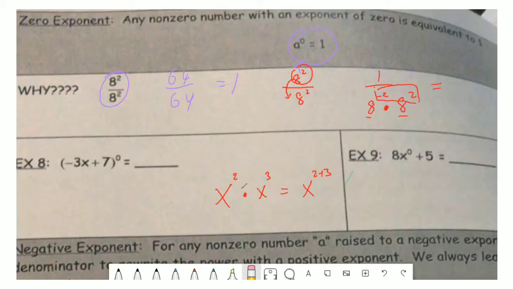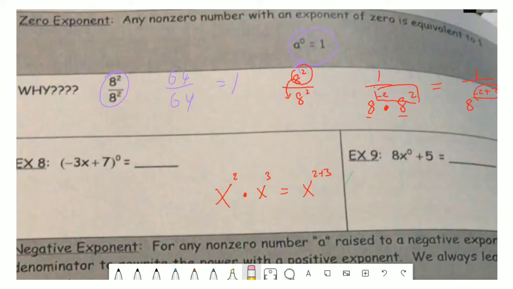If we apply this rule, it's going to be 1 over 8 to the negative 2 plus 2, which is what? Zero. Which is 8 to the 0 over 1. So 8 to the 0 is what? 1, right? 1 over 1 is 1.